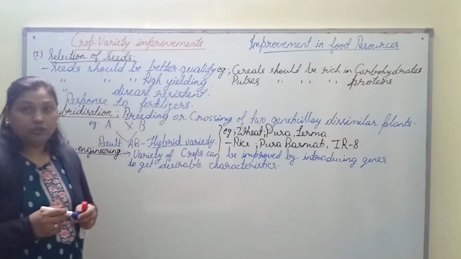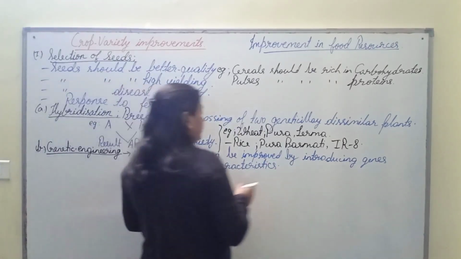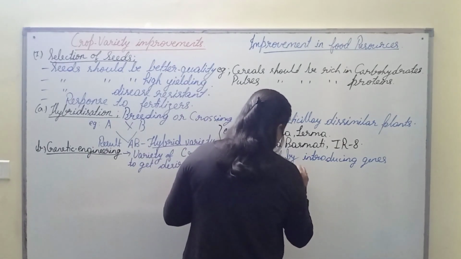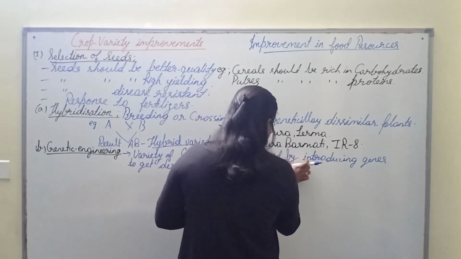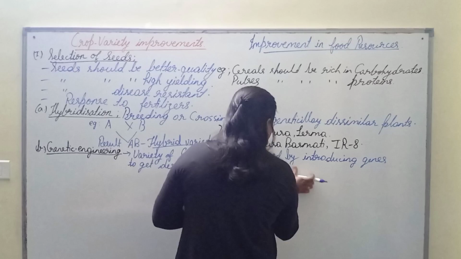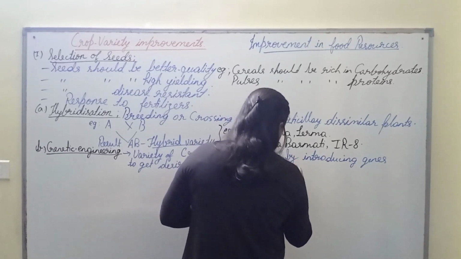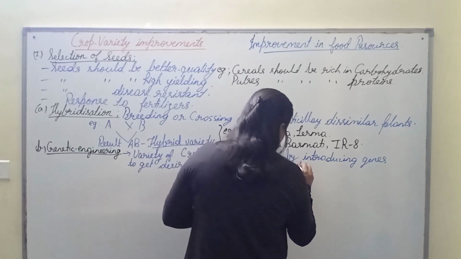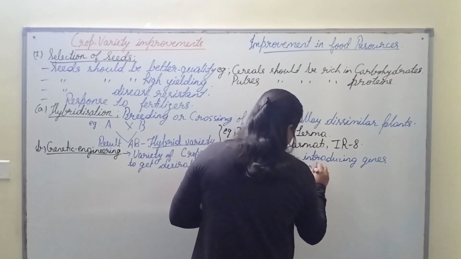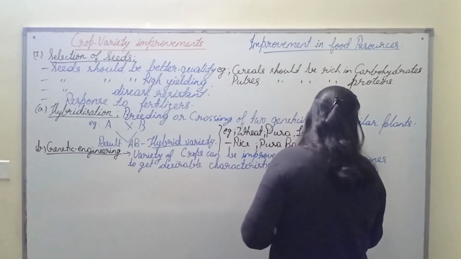And the result that we get are called genetically modified plants. Plants produced by this process are called genetically modified plants.